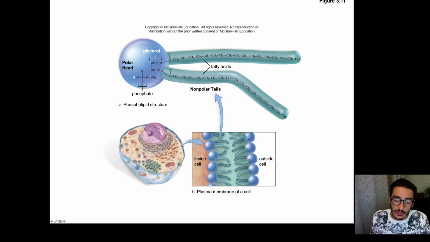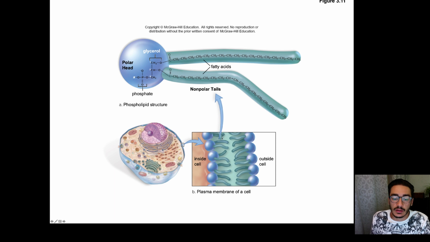But if this bilayer is very tough and doesn't have too many spaces between, many different things, like neurotransmitters, which help signals go through the cell membrane to communicate between neurons, it's going to be difficult.